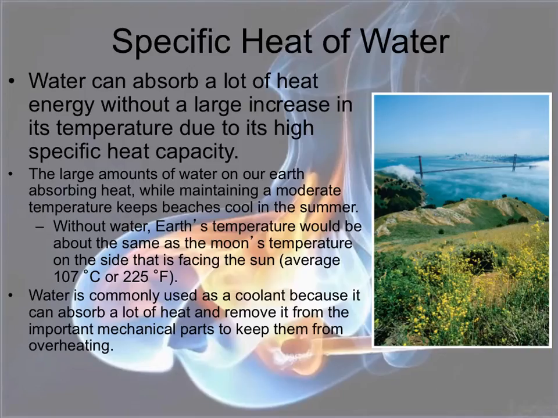All right, let's talk again about the specific heat of water. I said that it had a very high specific heat, which means that it is very resistant to temperature changes. So let's talk specifically about what that means again. I talked about the large amounts of water on our Earth keeping our climate very moderate. So I'm sure you've been to the beach.